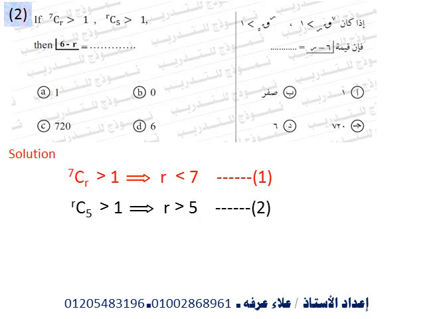rC5 greater than 1, then r greater than 5, r is an element in the set {6, 7, 8, 9, and so on}.